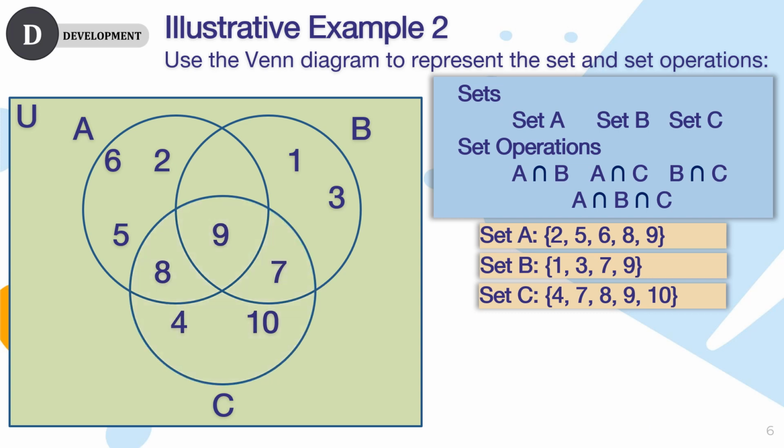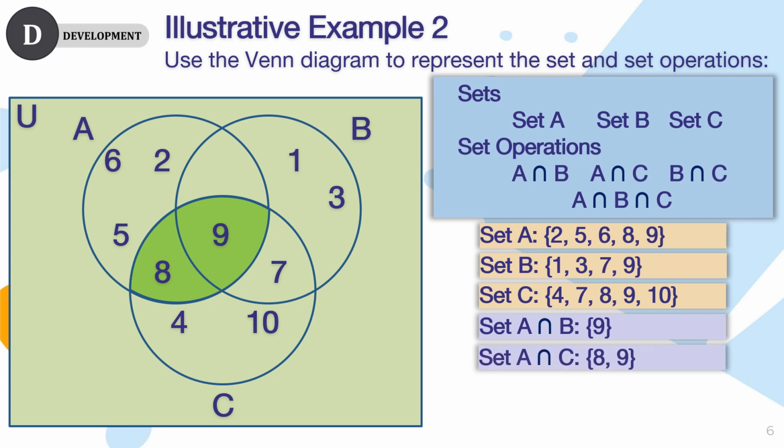How about the intersection of A and B, which is located here? So we have the element 9. While for the intersection of A and C, we have this area and the elements 8 and 9.